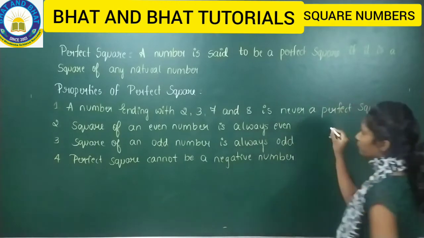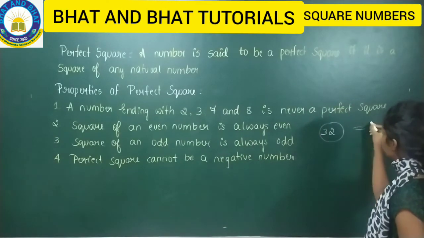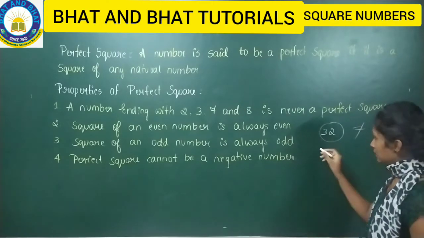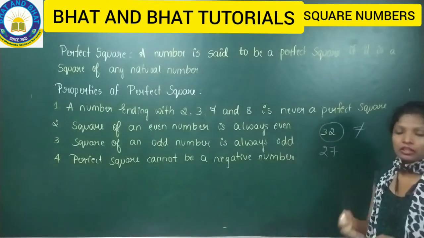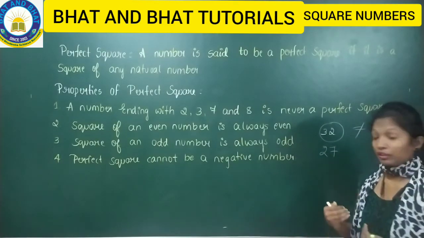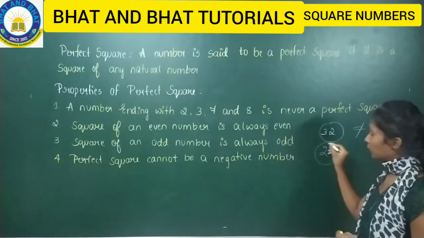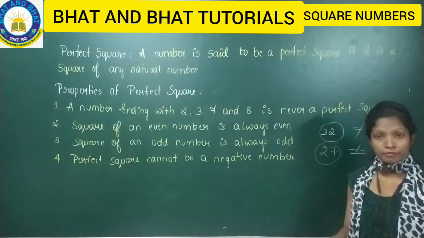Say for example 32, where 32 is not a perfect square. In the same way 27, 37, 77, 57, 47, 67, like that. If the number is going to end with a 7, at that time we are not going to call it a perfect square.